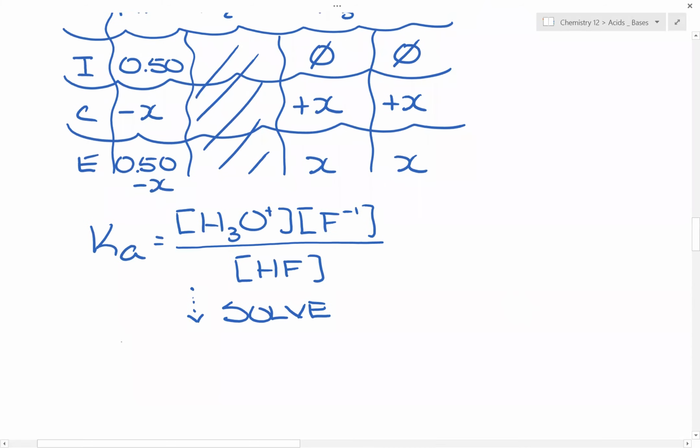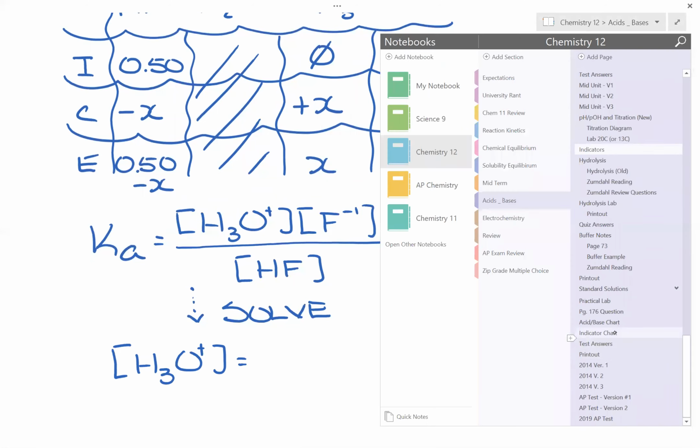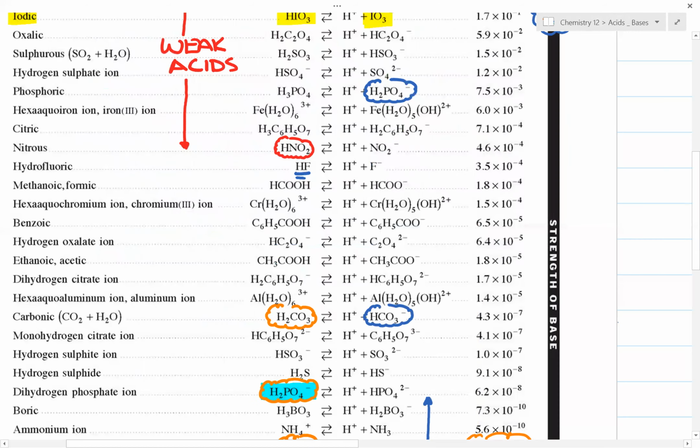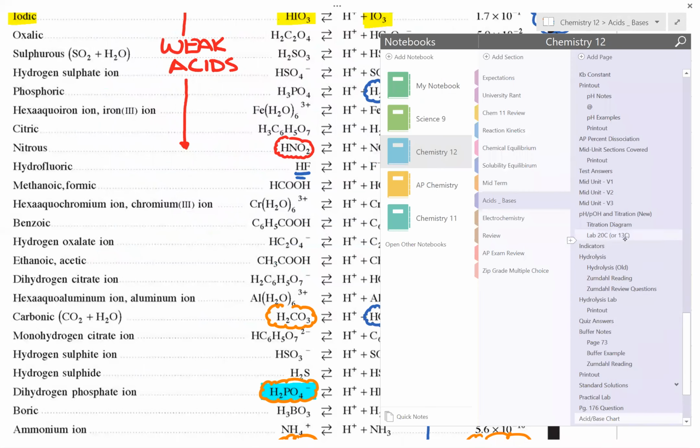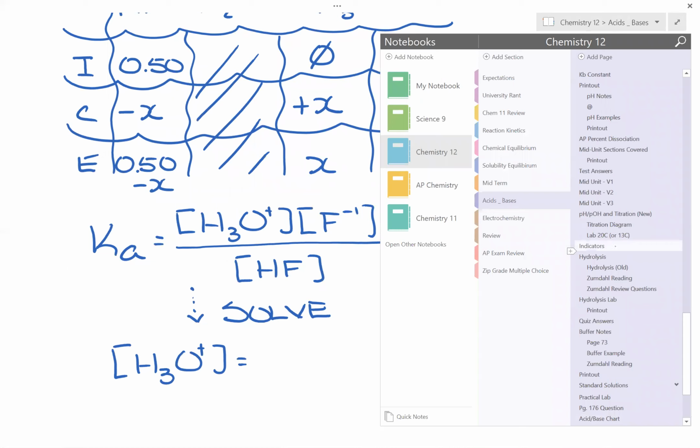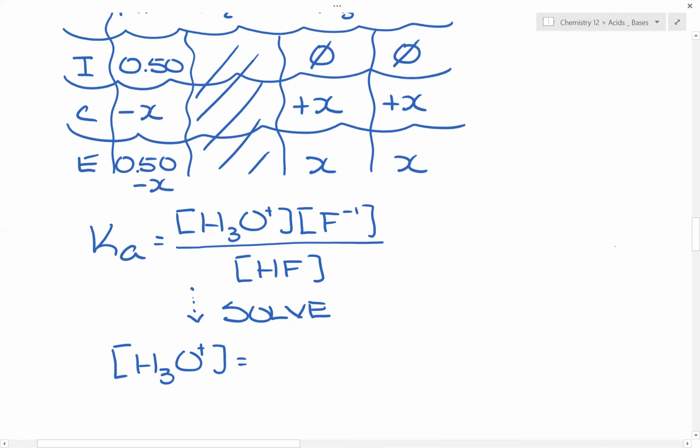So the concentration of H3O+ is equal to, let me see, the Ka of HF is 3.5 times 10 to the negative 4. So 0.5 times 3.5 e negative 4, and then you square root it.